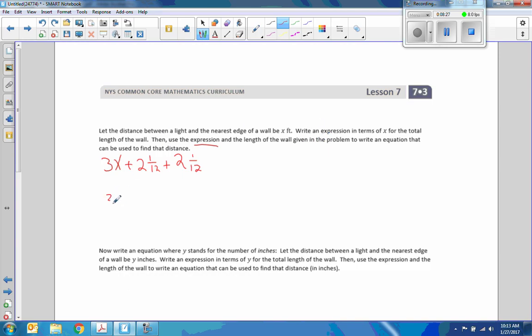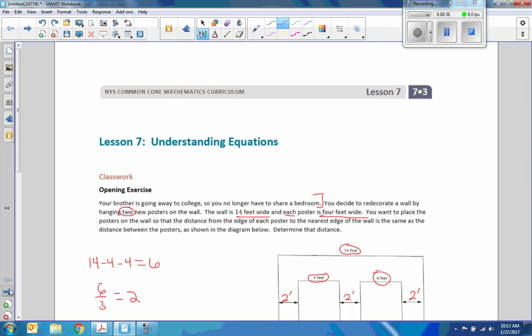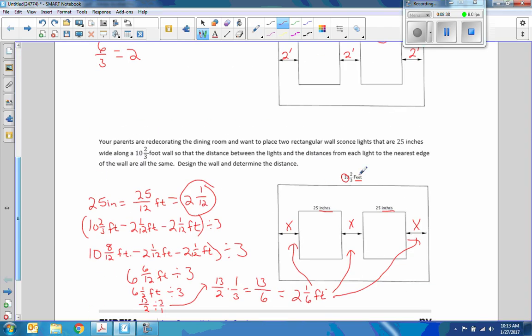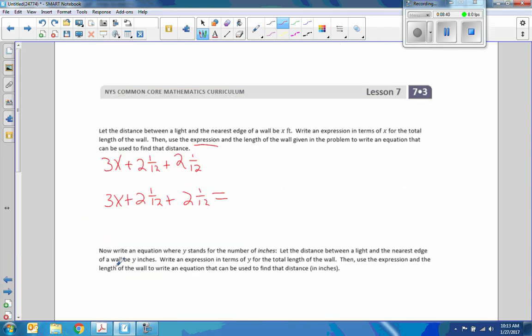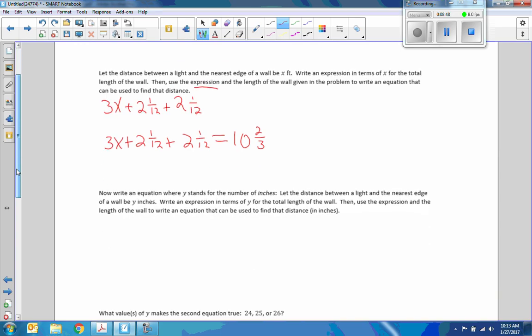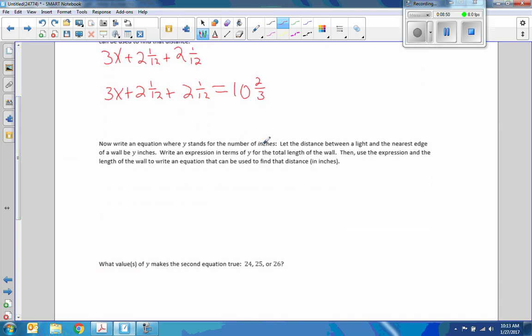So all they're saying is, take your expression and make it an equation. And when we go back, we see that the wall was 10 2/3 feet, so that's going to equal 10 2/3.